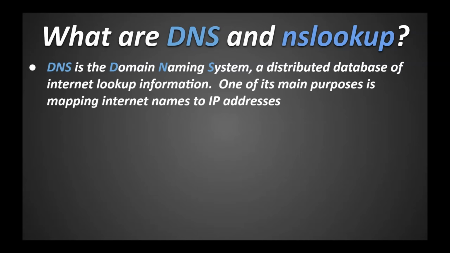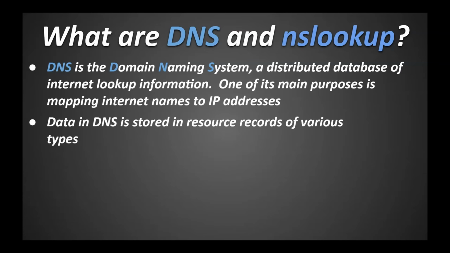And really, communication between computers on the internet is governed with IP addresses, and DNS does the mapping from the human readable name to the IP address so that your computer can find Google servers or Facebook servers or whatever. DNS also maintains other lookup information in various resource records.